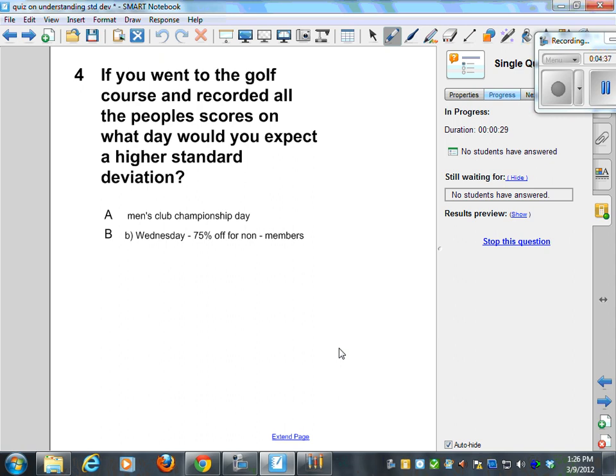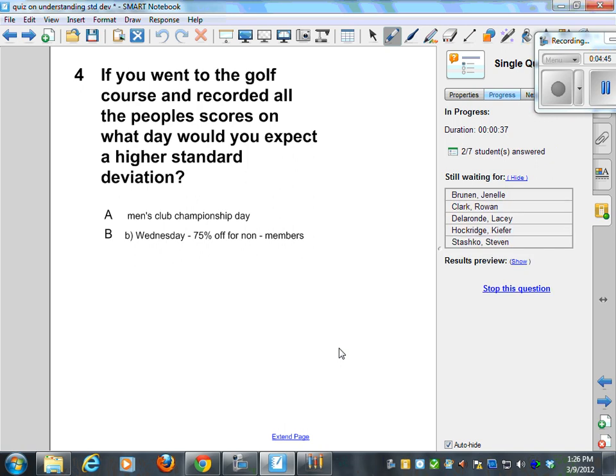So, would you expect higher standard deviation on the men's club championship day, or on a Wednesday when it's 75% off for non-members? Which day would you expect a higher standard deviation?